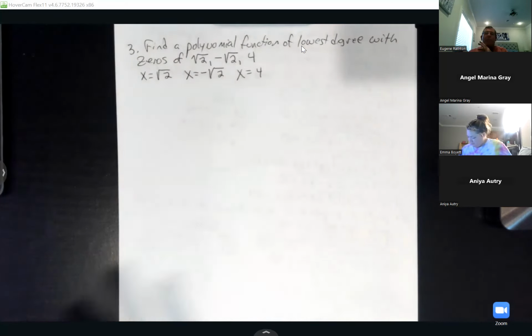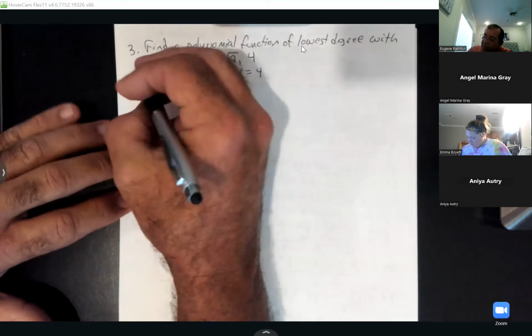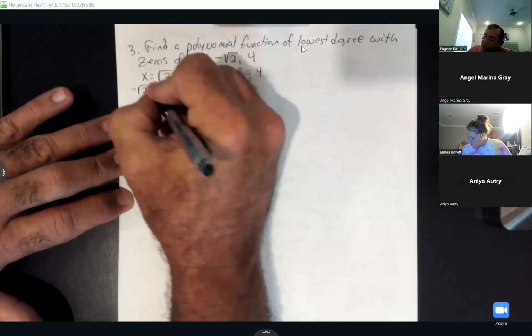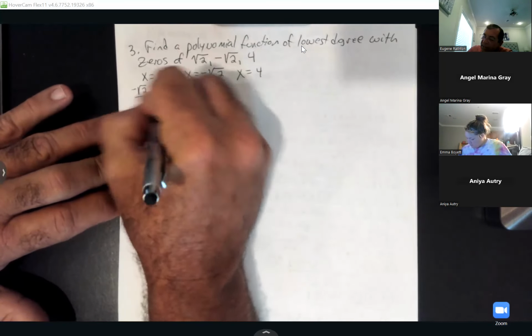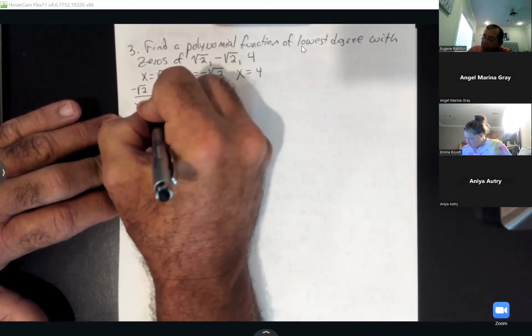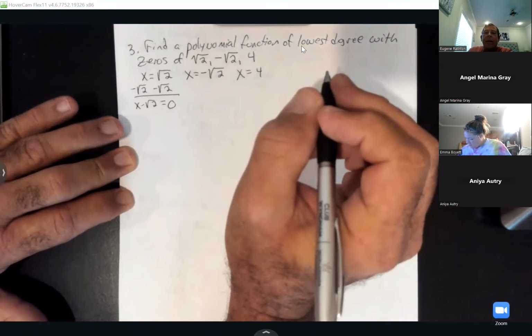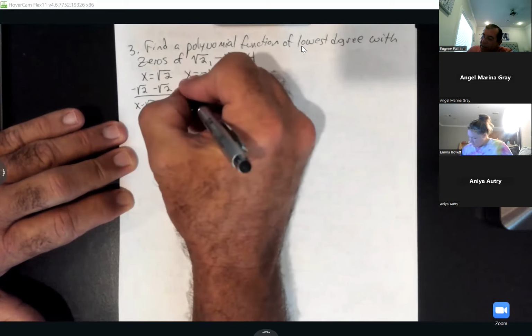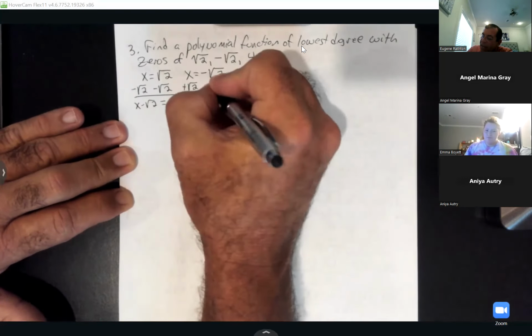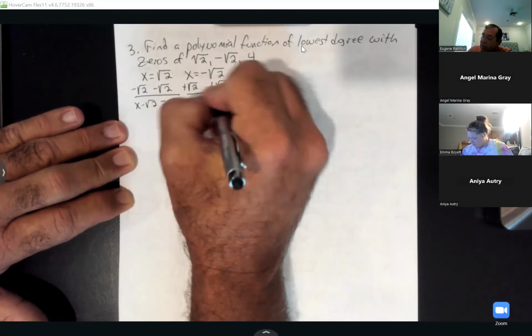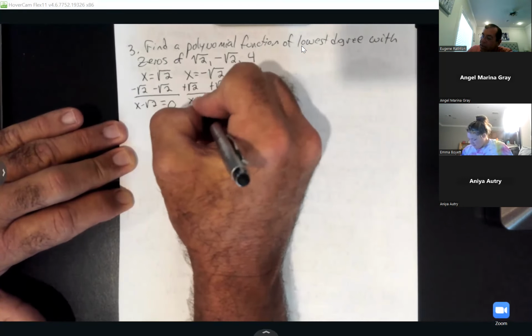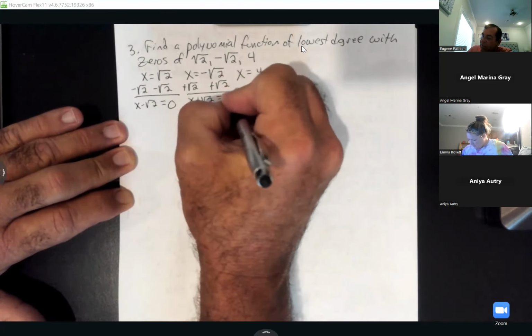So get a 0 on the right side by adding and subtracting. So the first one, I'm going to subtract square root of 2 from both sides. x minus square root of 2 equals 0. The second one will add a square root of 2. I get x plus a square root of 2 equals 0.